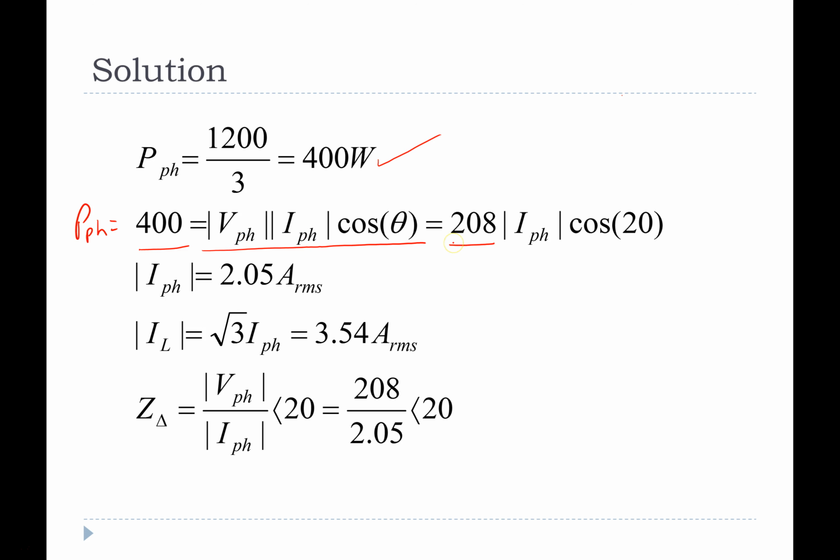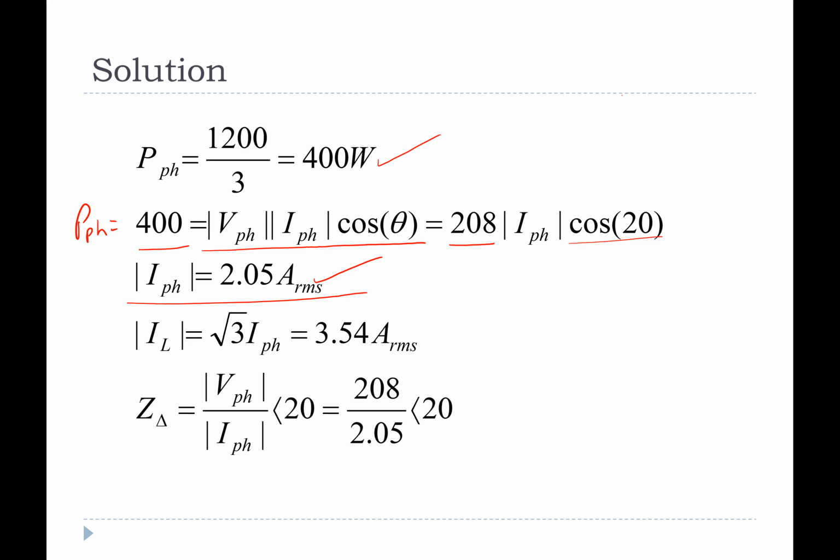So 208 multiplied by I phase multiplied by cosine 20, which is the power factor angle, the angle between the phase current and the phase voltage. So I have 400 is equal to 208 I phase by cosine 20. I could simply solve for I, and I get 2.05 amps RMS.